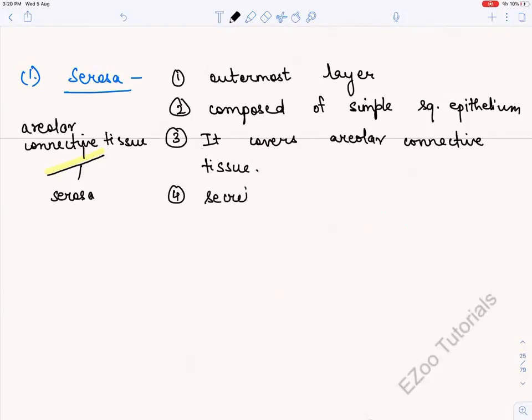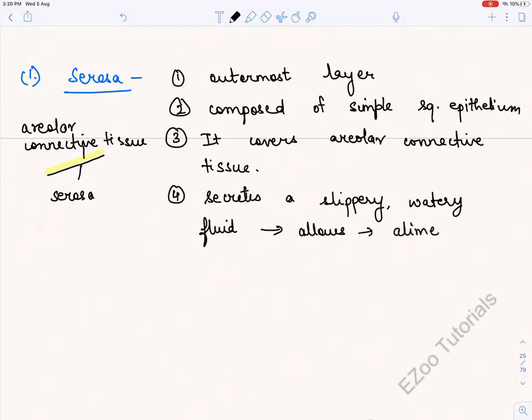It secretes a slippery watery fluid. And what is this slippery watery fluid helping in? It is allowing the alimentary canal to glide against the organs.